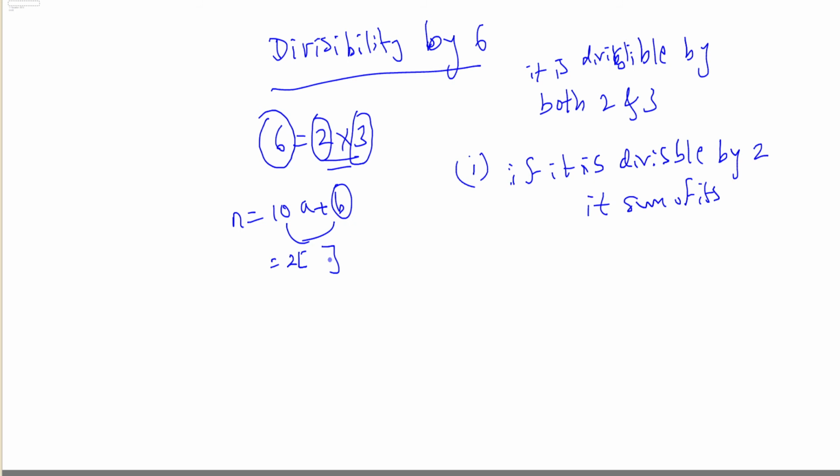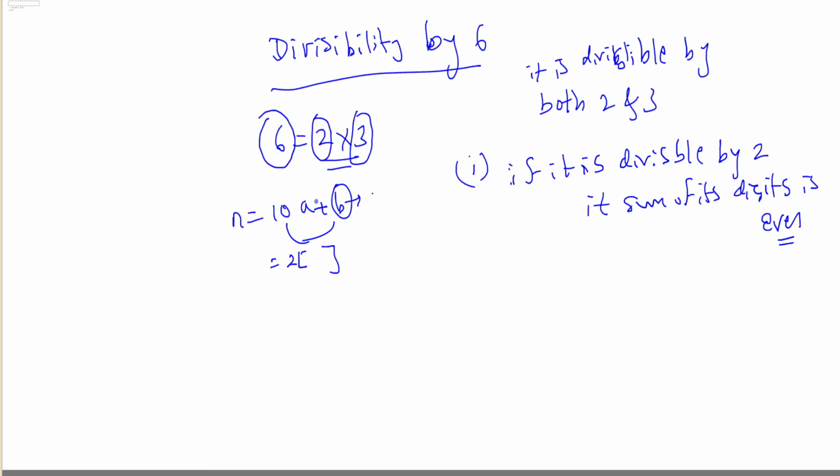Now its sum of digits is even. Because in order for the given number to be even, the main thing is the unit digit is even.